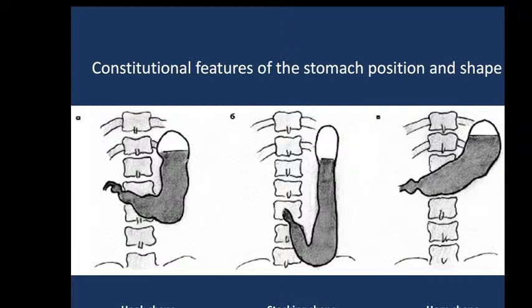And you see how different the shape might be in an asthenic body in comparison with the hypersthenic. This is a stocking shape for asthenics, a horn shape of our stomachs in hypersthenics, and a hook shape, like a hook for fishing, for normosthenic.